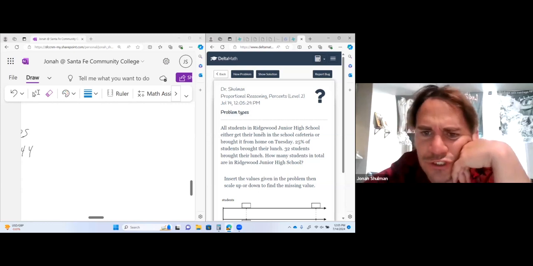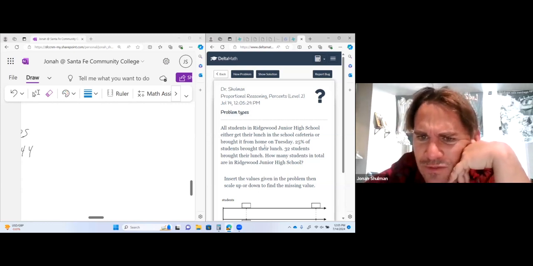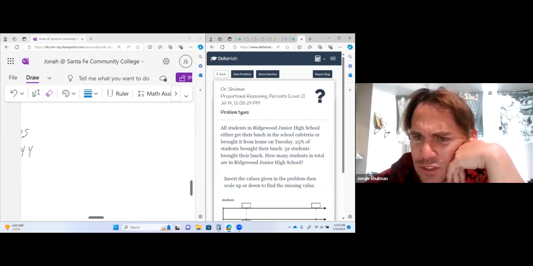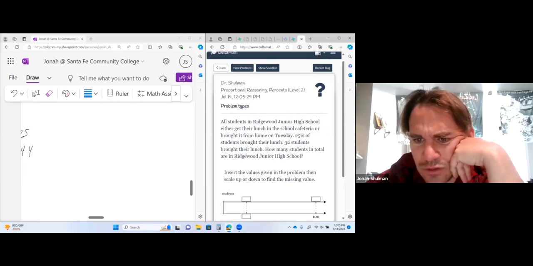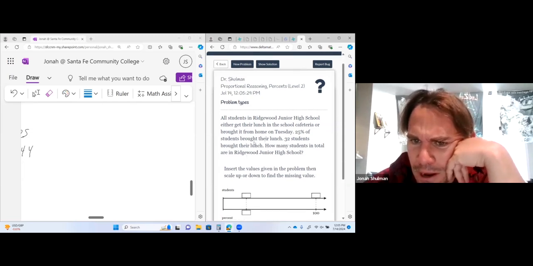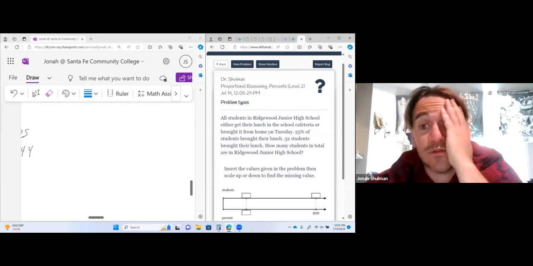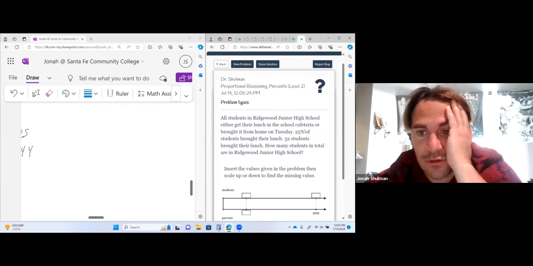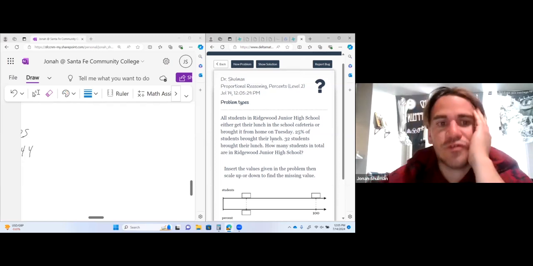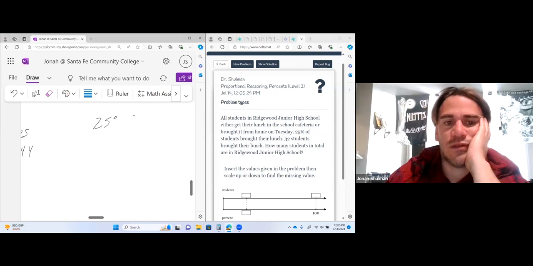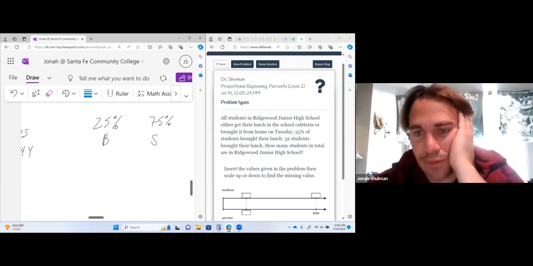All students at Ridgewood Junior High either get their lunch in the school cafeteria or brought it from home. On Tuesday, 25% of their students brought their lunch. That means if 25% brought lunch and 75% got it at school, just so you know.